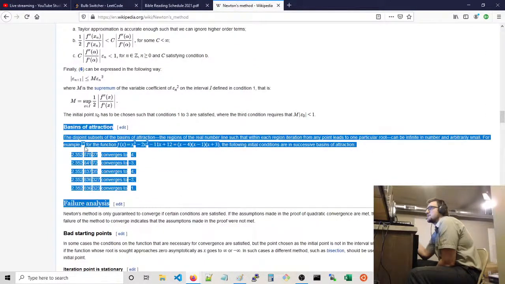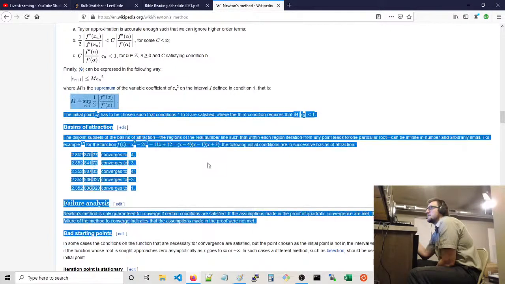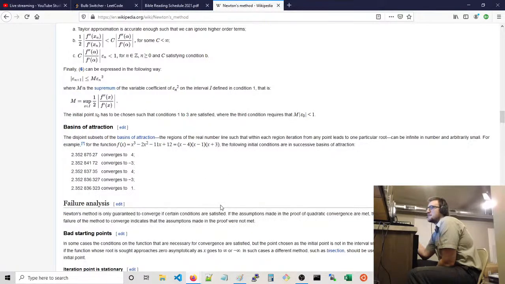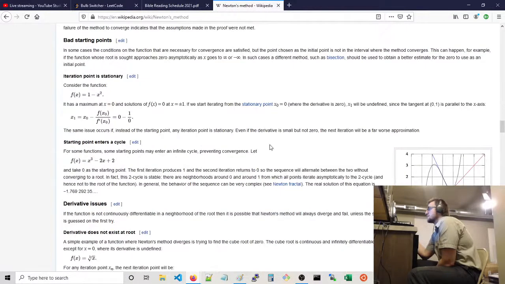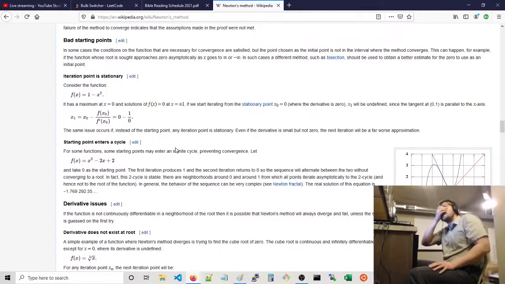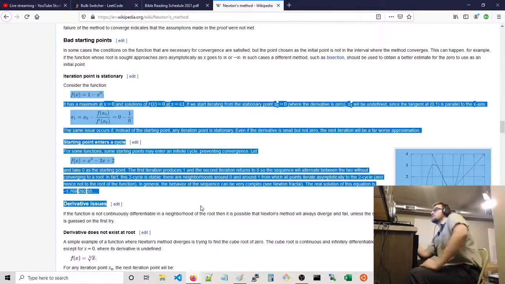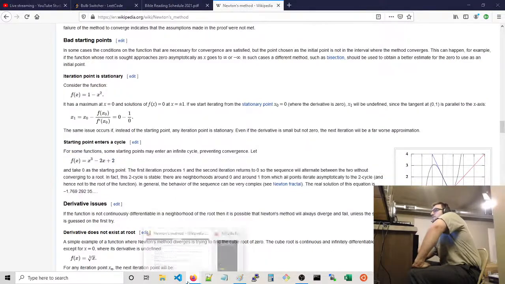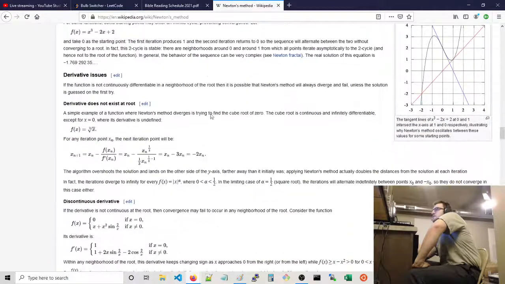Basins of attraction. Yeah, this reminds me of hill climbing algorithms. I want to say it's actually the same thing. Some machine learning algorithms are based off of this, not all of them, but some are based off of basically this idea.